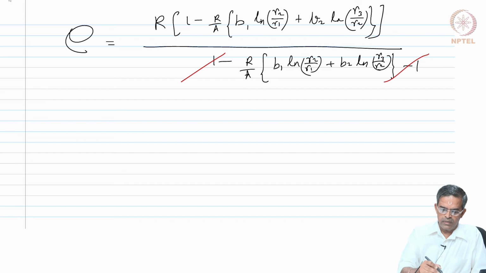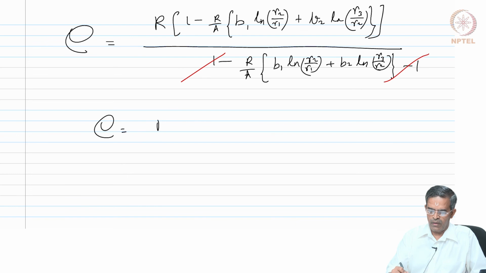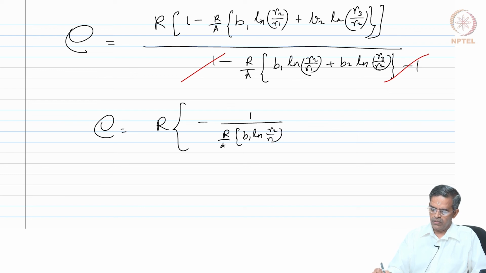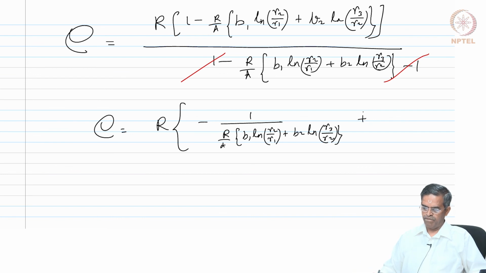So, I get e as R times of minus 1 by R by A of B1 ln R2 by R1 plus B2 ln R3 by R2, plus 1.